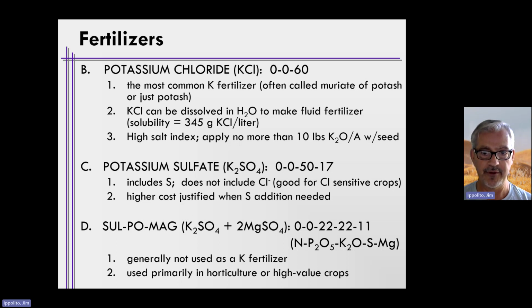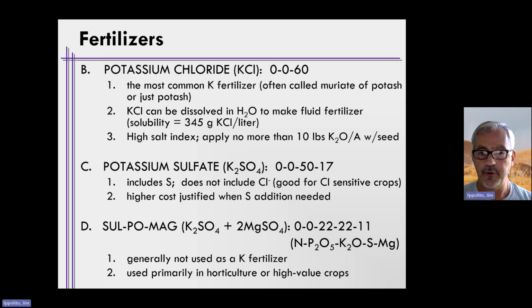The second type of potassium fertilizer that I'm going to briefly describe is potassium sulfate. The difference between this one and the first potassium fertilizer, potash, is the counter ion. In this case, it's sulfate. If you were to buy this, the guarantee is 0-0-50-17. So it contains 50% K2O, and it contains 17% sulfur.